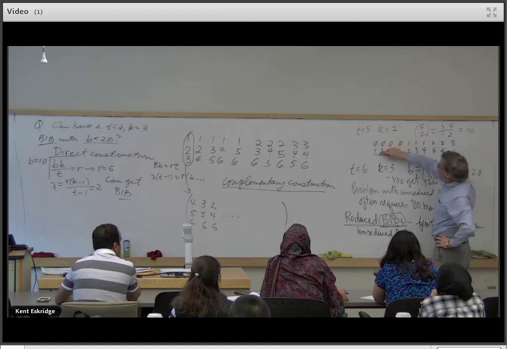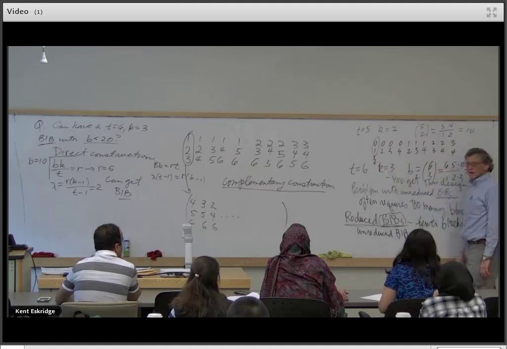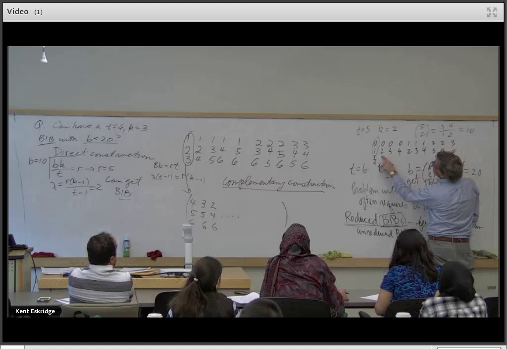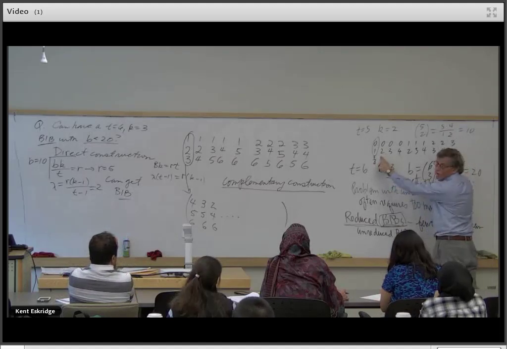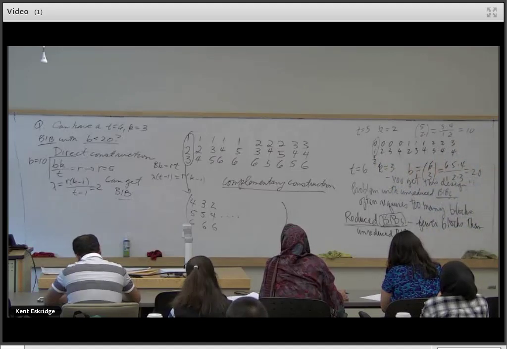I got 2 units a block. What's a complement block for this one? 5 treatments, so it's going to be 2, 3, 4. And the complementary block for this one is going to be 1, 3, and 4. So any design you can get, you always get its complement.